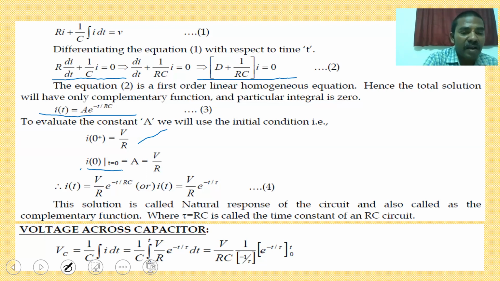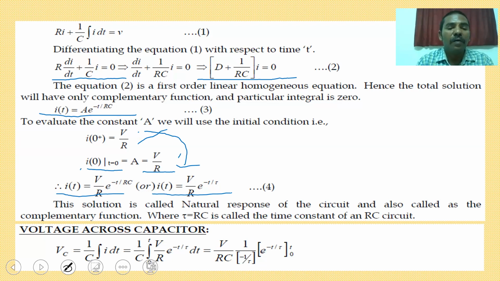So what is that value? It is V/R only. Therefore the value of i(t) is (V/R) e^(−t/RC). You can write it as i(t) = (V/R) e^(−t/τ), where τ is the time constant.